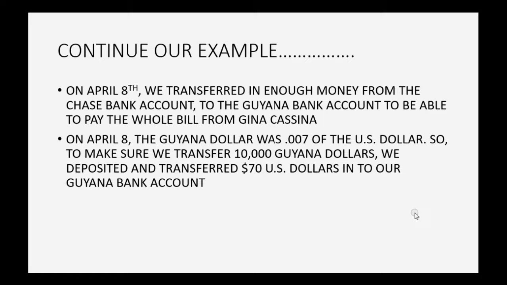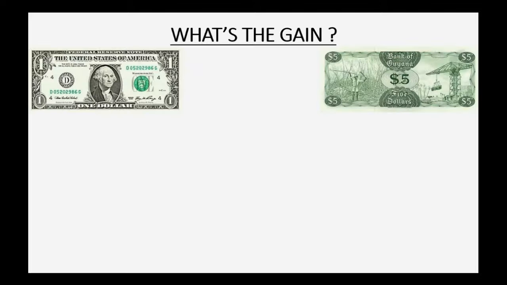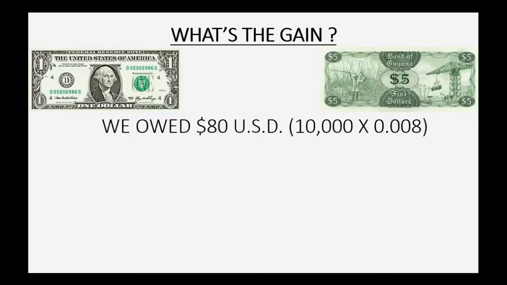Now let's continue the example, and on the same day, April 8, we actually pay Gina the 10,000 Guyanese dollars that we owe her. So at the moment we pay, on the same day of the transfer, what is the gain? Well, we originally owed 80 US dollars because that was what it was worth when we got the bill.